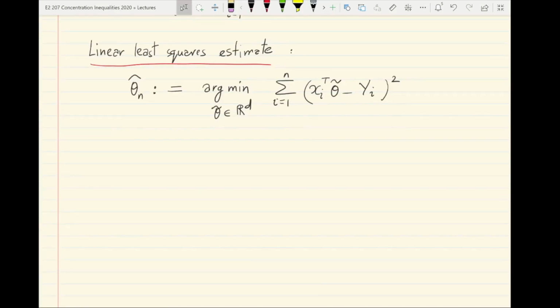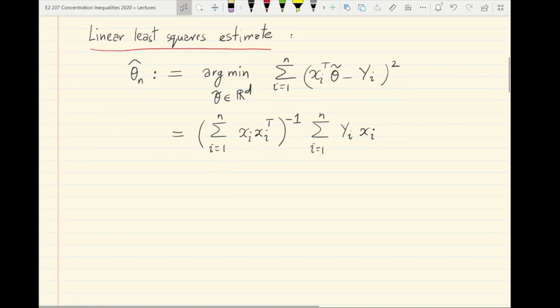If the xi's are chosen so that they span the entire space Rd, then it's not difficult to show that this has an explicit closed form solution: the sum over i going from 1 to n of xi xi transpose, which is a matrix inverse. If the xi's span the space, then this matrix is going to be full rank and hence invertible, multiplied by this particular vector, which is the weighted sum of the xi's with the respective scalar measurements yi.